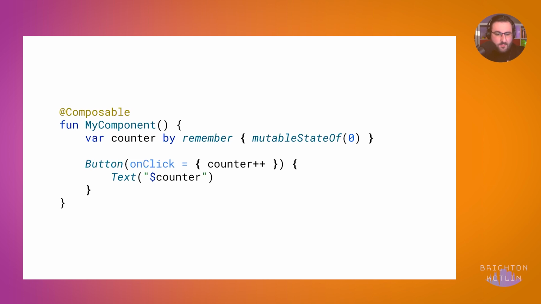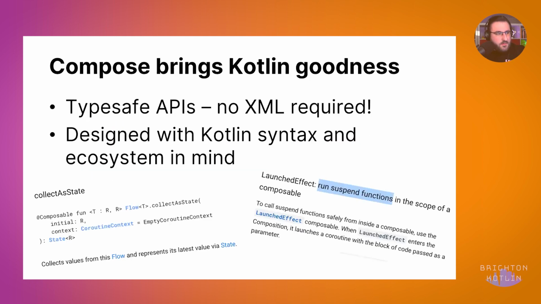Generally, I want to keep it light on code. We're going to have a bunch of materials for you in the end, just so that you get a general idea. The big benefit of Compose specifically is that it's a Kotlin framework. It's not some kind of adapter around a Java library or something else. So that means that it also makes full use of Kotlin's syntactic sugar, for example, or its type system.